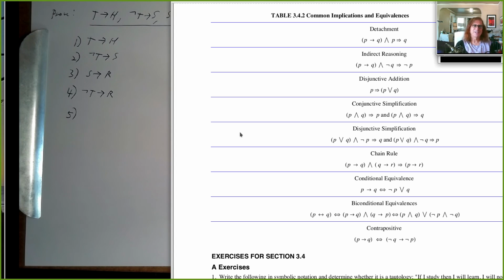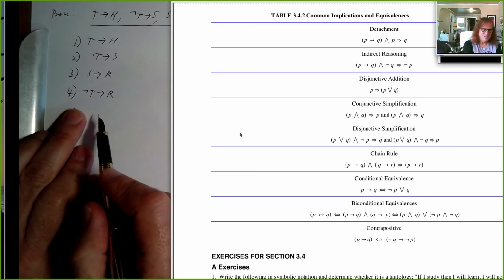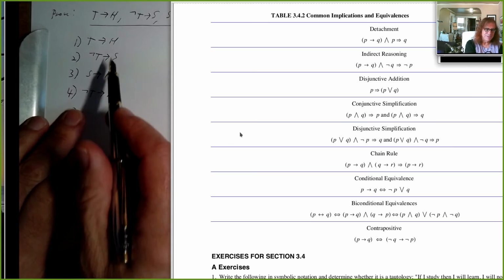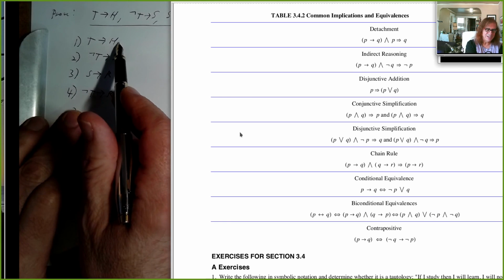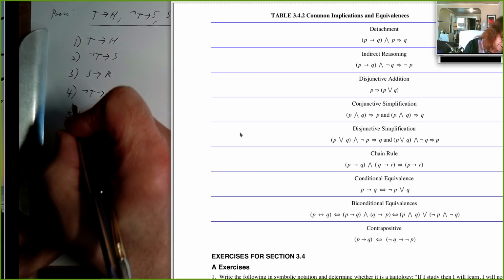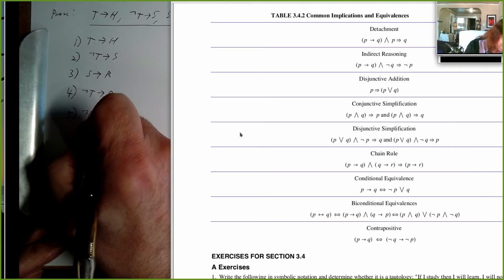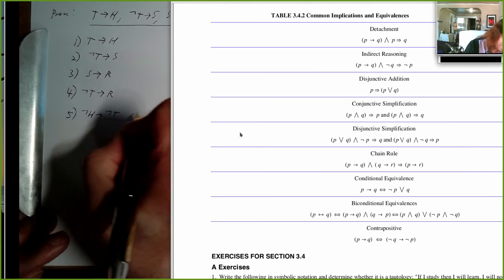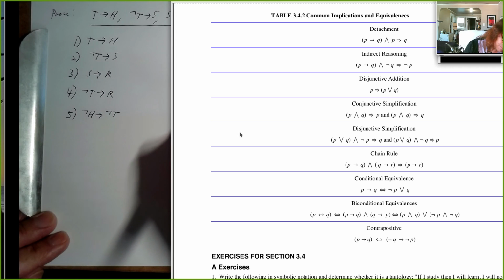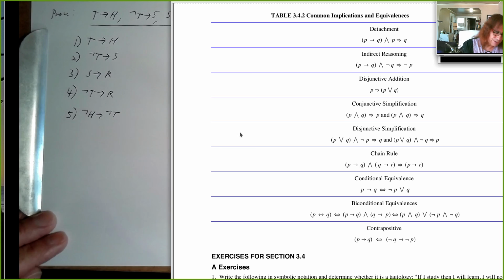But it's a little bit like chess. At some point you might say, oh, you know, I'm trying to prove not H and I've got a not T. Oh, if I do the contrapositive, I'll have a not T on the right side, right? So let's go ahead and do that. Take the contrapositive, which says not H implies not T. That's the contrapositive of 1.